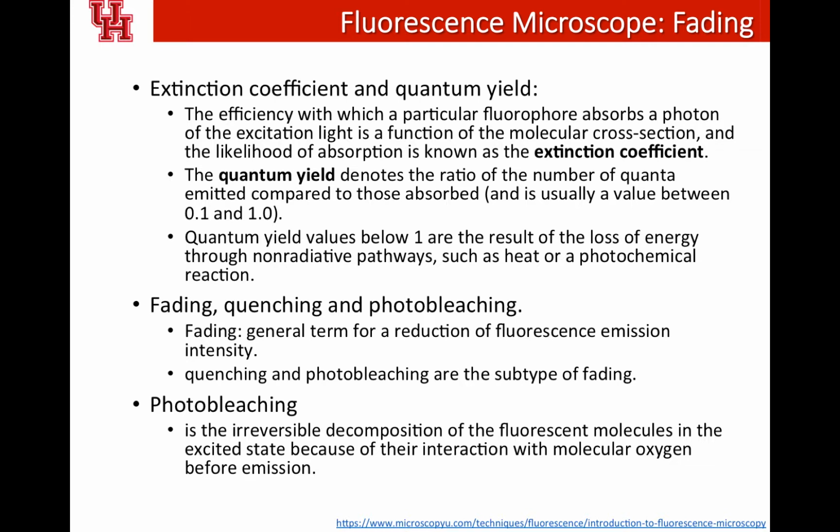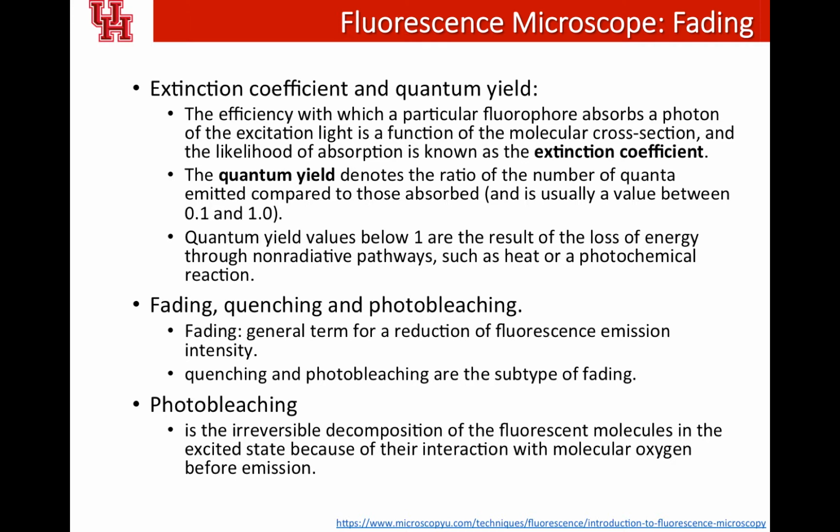So now we know the extinction coefficient and quantum yield, and related to these two parameters is fading, or quenching, or photo-bleaching. That's very important, and maybe a challenge or problem for fluorescence microscopy. Fading is a general term for the reduction of fluorescence emission intensity over time.